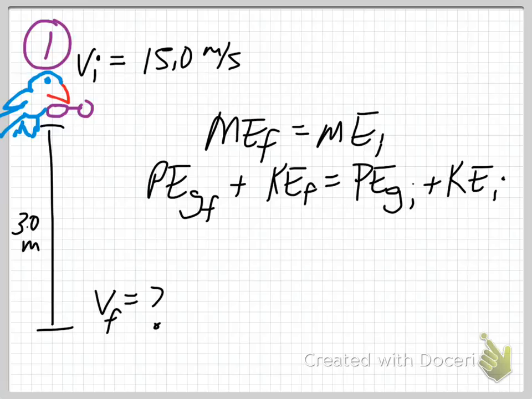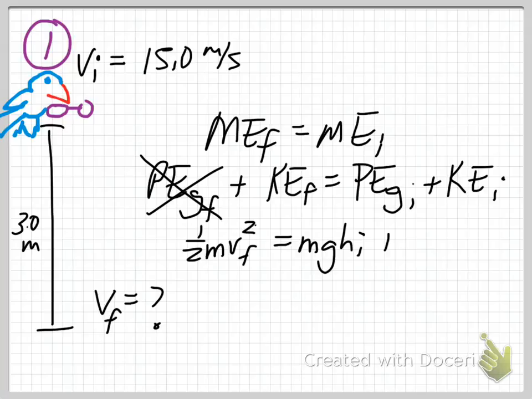Great. So we know that the final gravitational potential is 0 because it hits the ground, so it can't fall any further. So 1/2 m Vf squared is equal to m g times initial height plus 1/2 m Vi squared.